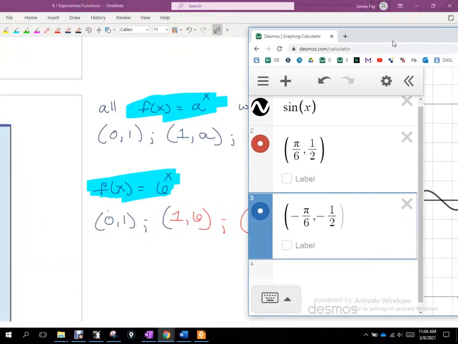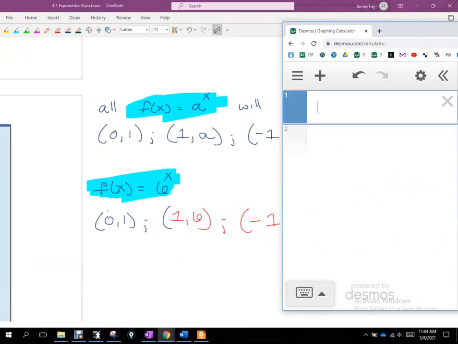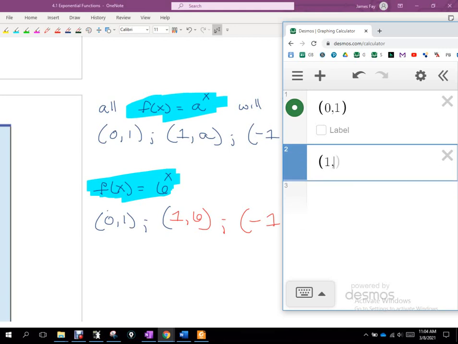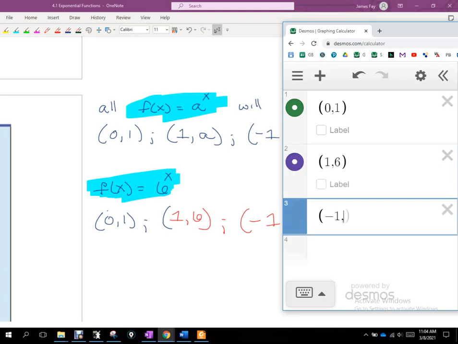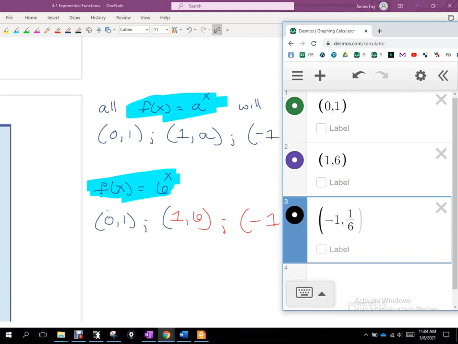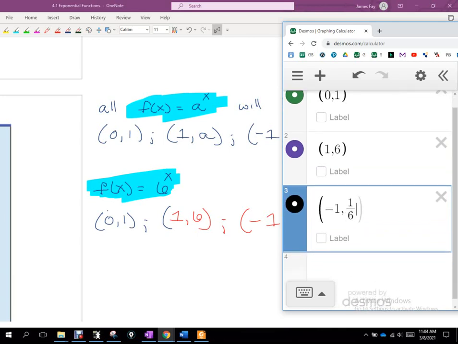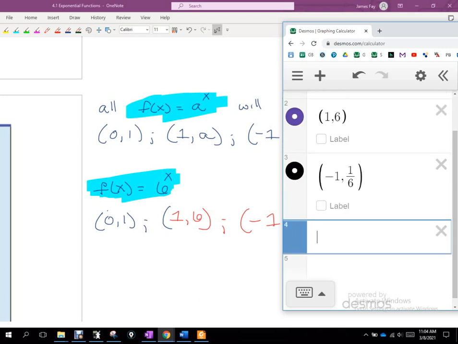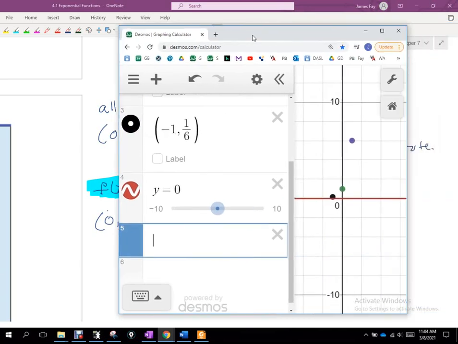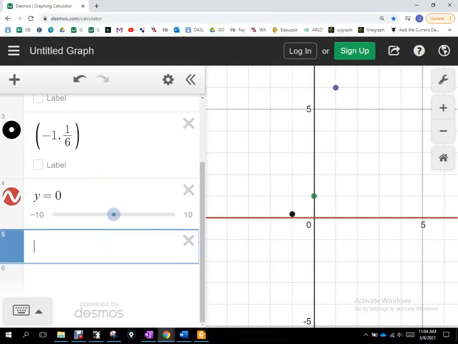I'll demonstrate that here in Desmos for us. So (0, 1), (1, 6), (-1, 1/6). We'll also have the line y equals 0, like I said, as an asymptote. So we've got those points, and then all we would do is connect them with a smooth curve, knowing that as I get to the left of this black point, I'm going to get closer and closer to that y equals 0 line, or that red line, but I'll never touch it.